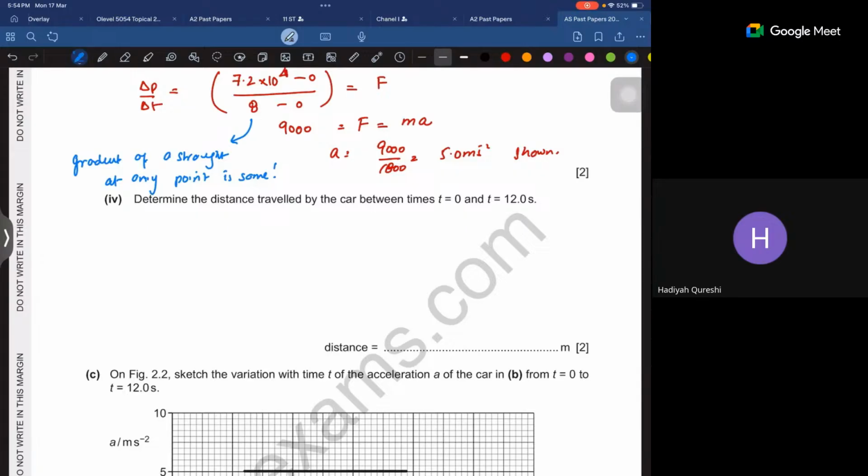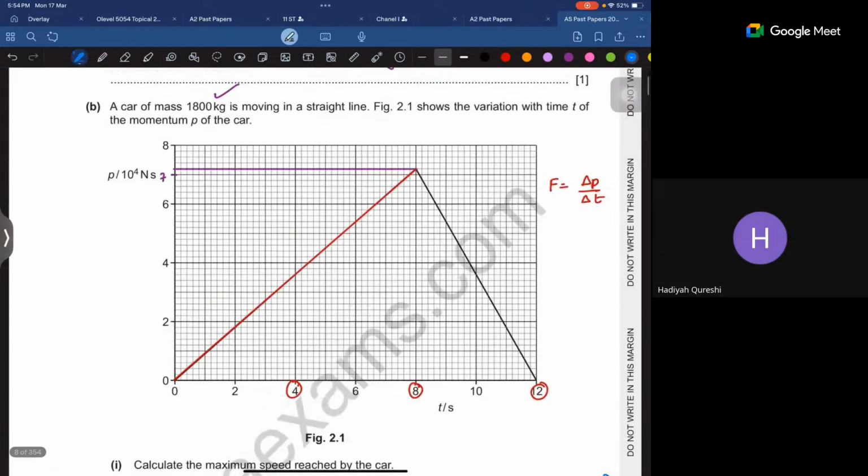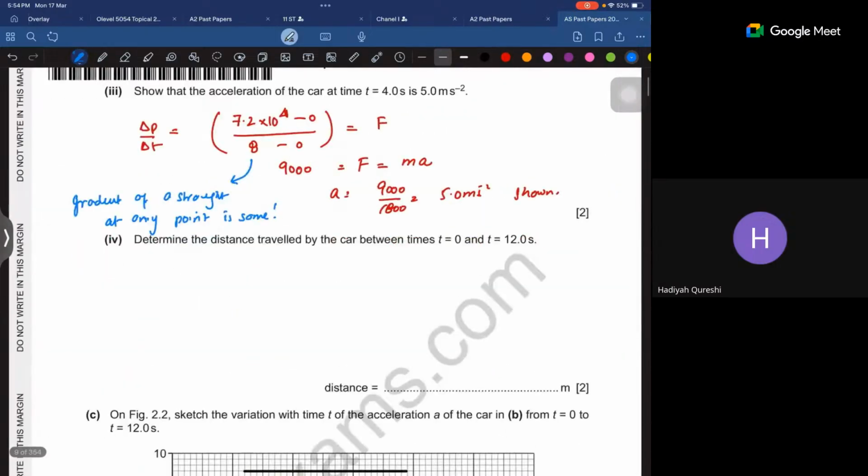We can simply find their constant accelerations. If I use my idea, this is basically 4 seconds, right? I can find the acceleration and then use any equation of motion. So let's try to find the acceleration. From 8 to 12 seconds, the acceleration we found was from the upper part: the gradient I took, divided by the mass.